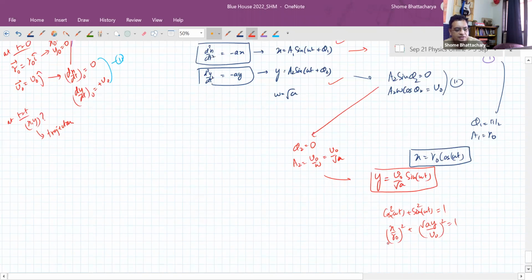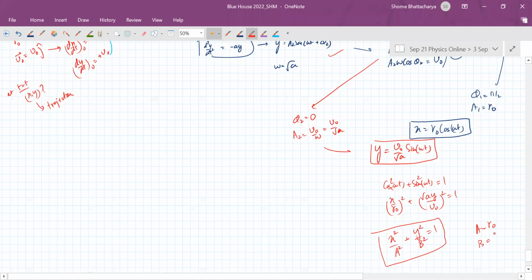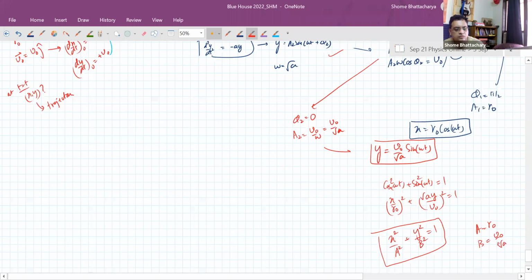So we are effectively getting this kind of equation, x square by A square plus y square by B square. You've done ellipse in coordinate geometry so far? Yes, sir. This is an equation of ellipse now. By chance, if r naught is equal to v naught by root a, then it becomes a circle. Special case, capital A is equal to capital B, but in general, it's an elliptical path.